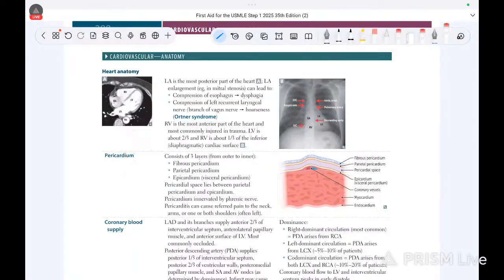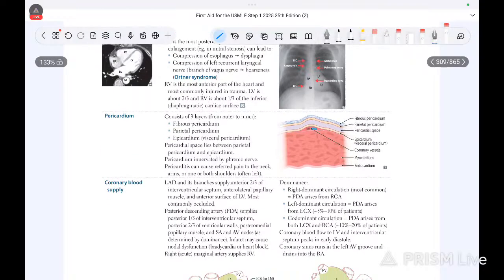The left atrium is actually seen between T5 to T8, and all 4 chambers are seen mostly at T8. So that's it.